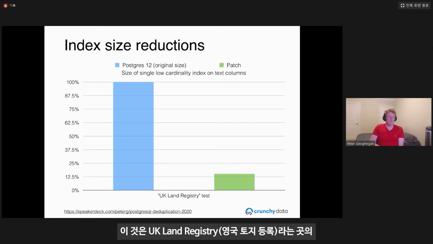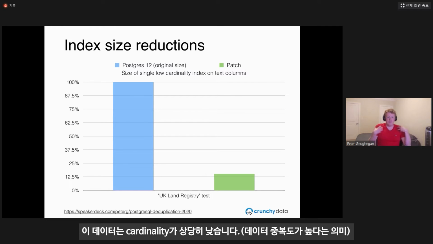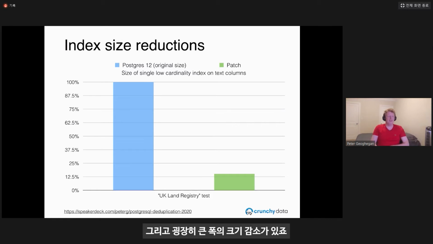This is test data that came from the UK Land Registry. It's a database that contains information about real estate sales in the United Kingdom. It doesn't really matter, but it just happens to be very, very low cardinality. So you see a very, very large decrease.